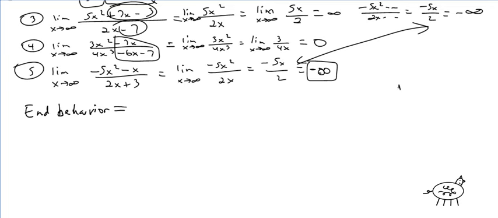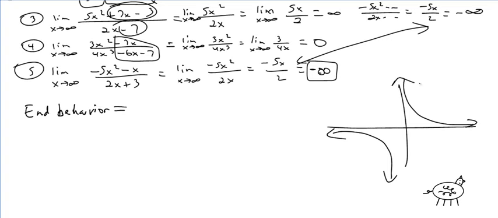In other words, if I give you guys a rational function here, end behavior is, hey, what's going on when it goes to negative infinity? What's going on when it goes to positive infinity? So what am I really referring to? I'm actually referring to my horizontal asymptotes.